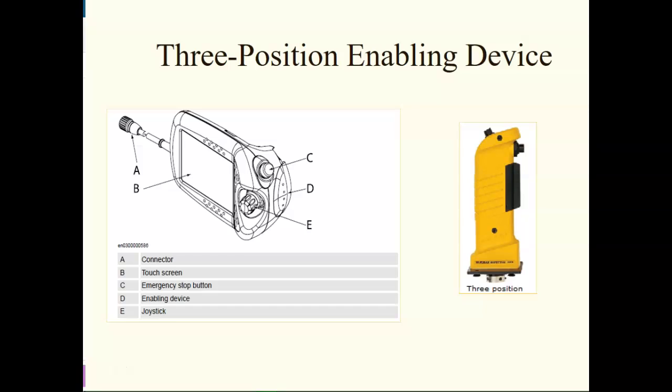You're going to clench up, and it's going to make the robot do an emergency stop. That is what this is for. And that's why whenever you're programming it, you have to have that little button pushed in to that middle position in order to engage the robot.